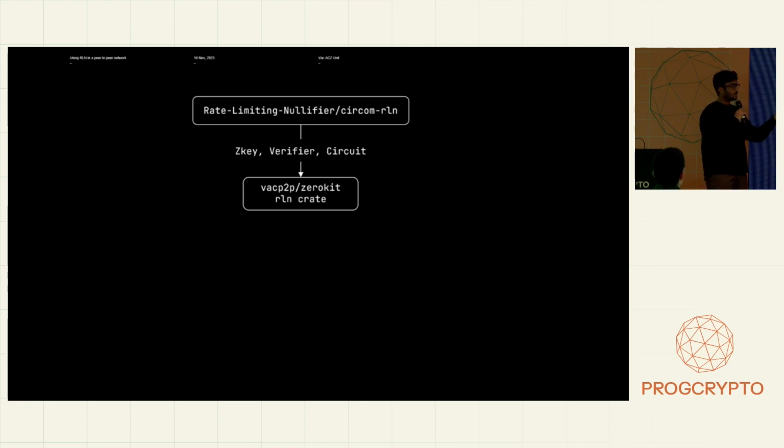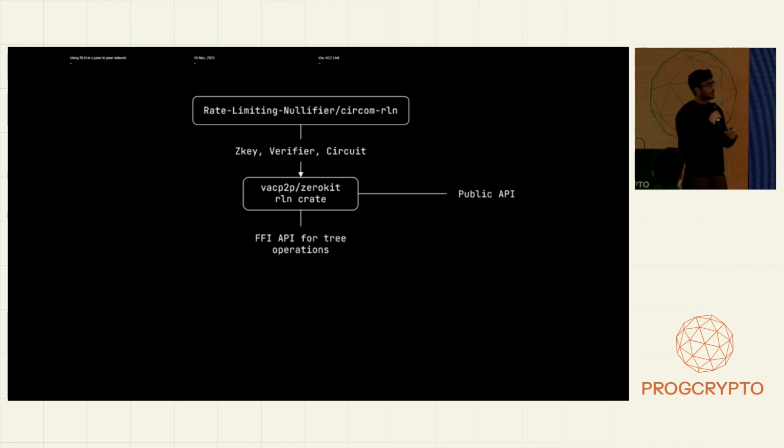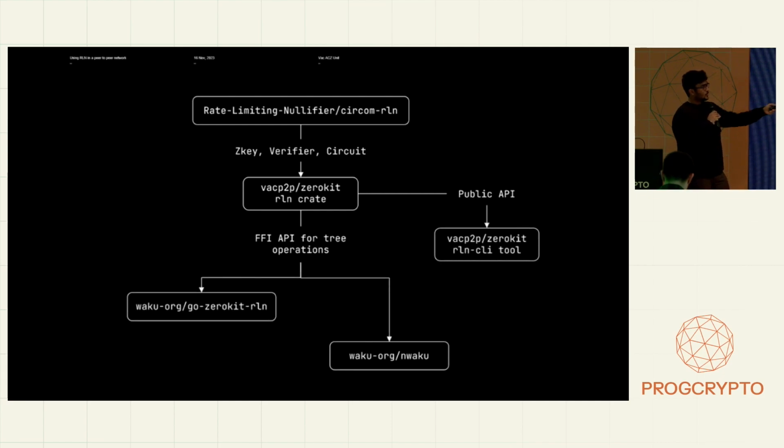And we have a Rust crate, which exports two things: a public API, which can be used in other Rust applications, and an FFI API, which is exposed to any language that can consume the C FFI API. So we have a public CLI tool, which you can use to generate RLN proofs, along with the implementations in Waku and go-waku.